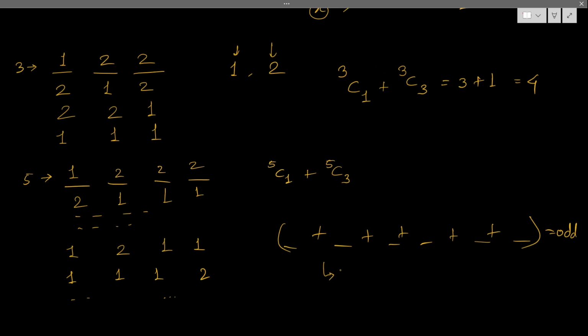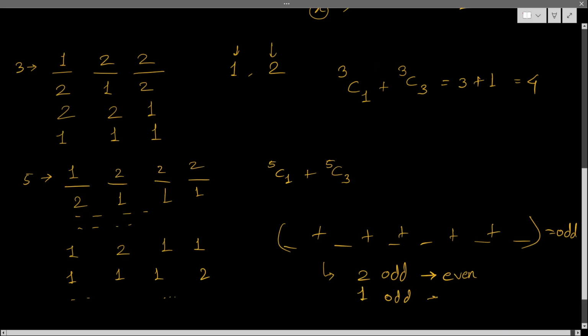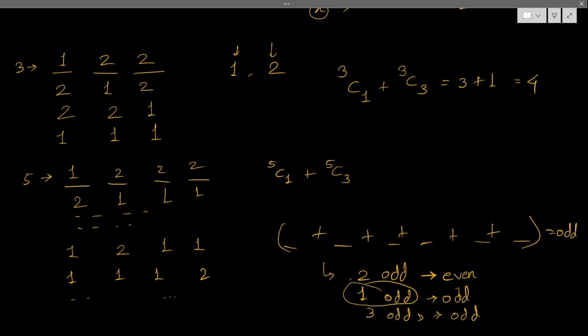Odd numbers contribute to odd. If we take 2 odd numbers, it is nothing but even. Only one odd is odd. If it is 3 odd numbers, then also it is an odd number. Correct? So the number of odd numbers should be odd.